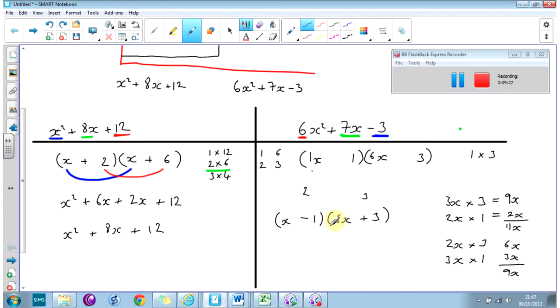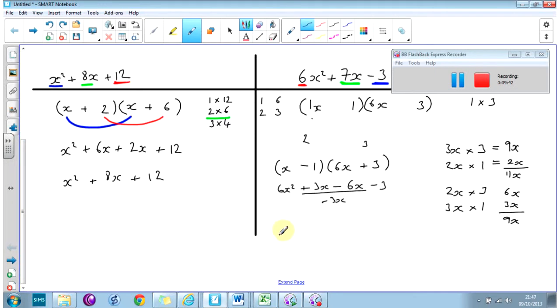Okay, so we've got x times 6x, that's 6x squared, plus 3x minus 1 times 6 minus 6x minus 3, and we can see that the 2 middle terms there are going to give us minus 3x, not 7x, so it's not that one. So we just carry on. Not giving up is the key to this.